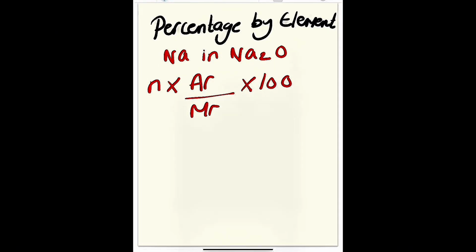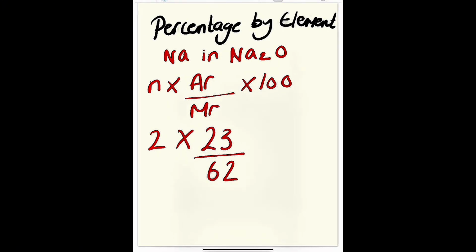What we need to do is, N is the number of atoms of sodium in sodium oxide. We can see we have 2 atoms of sodium in sodium oxide, which we can clearly see here. So I'm going to put a 2 over there. The relative atomic mass for sodium is 23. Look on your periodic table, that's the bigger number. The relative formula mass for sodium oxide, I already know it's going to be 62.